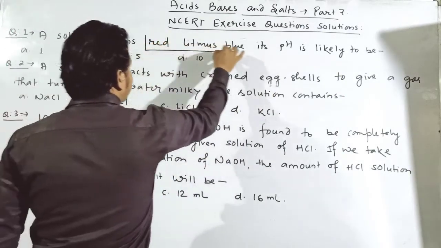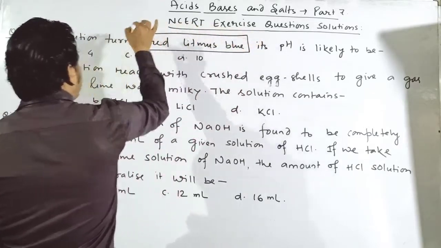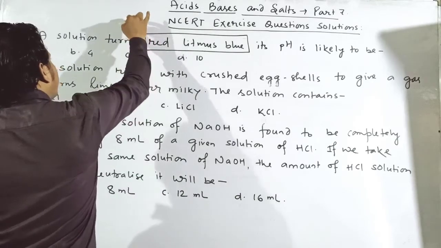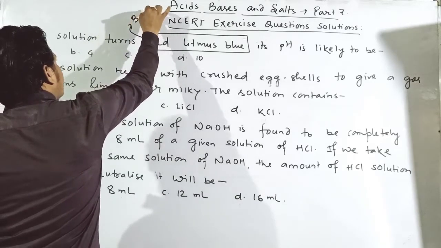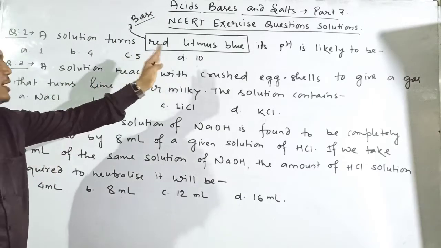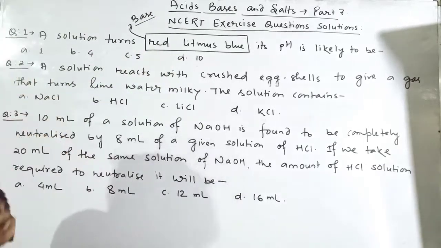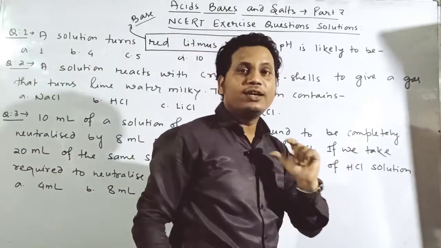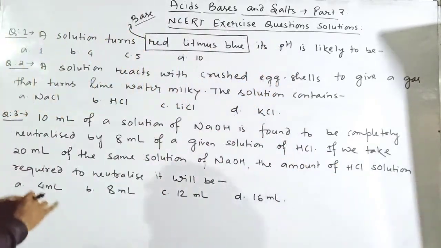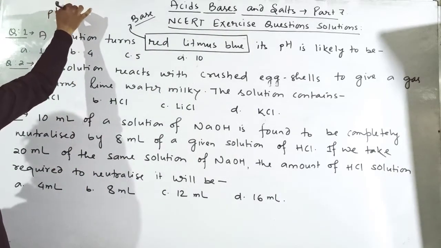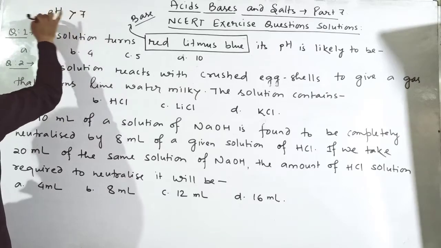If red litmus is turned blue, it is done by a base only. A basic solution turns red litmus to blue, and in the question it is asked what its pH value is. So what is the pH value of a basic solution? The pH value will be more than 7.